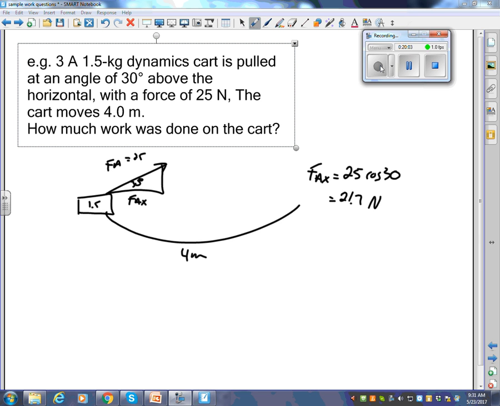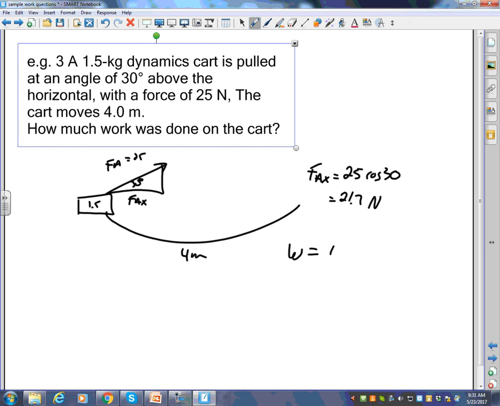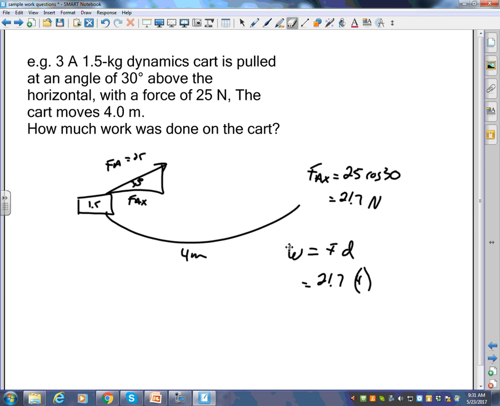And now it's a simple matter of going, work equals FD. What is the force? 21.7. The distance is 4.